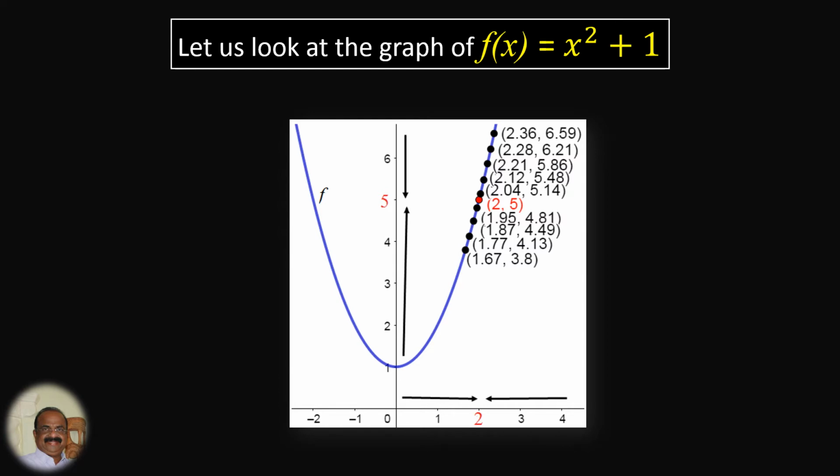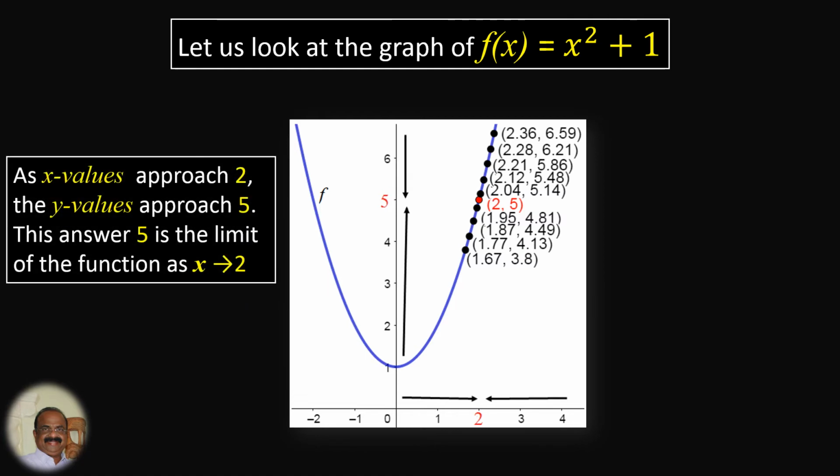Also, on the other side, if you start approaching 2 from the right, that is 2.36, 2.28, 2.21, etc., x coordinates approaching 2, then the corresponding y coordinates approach the number 5. So you can see x values approach 2, y values approach 5.